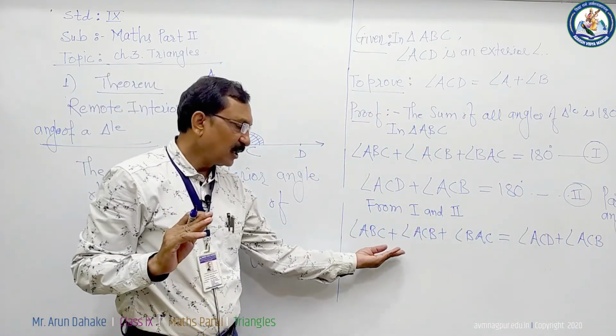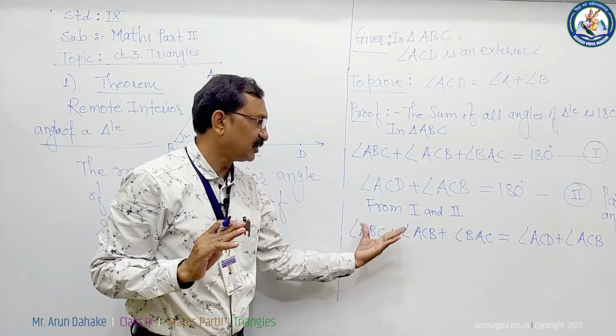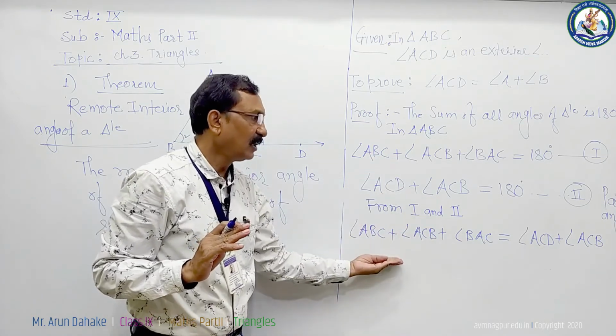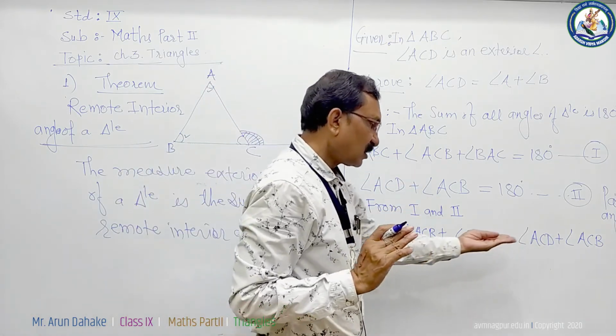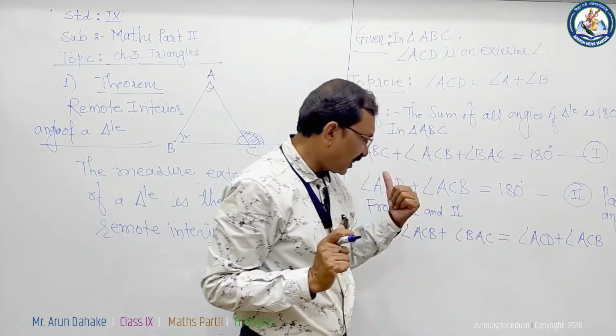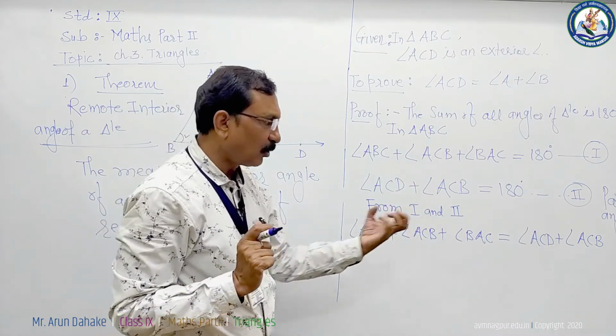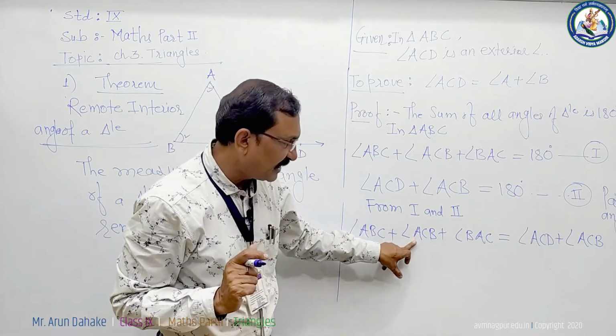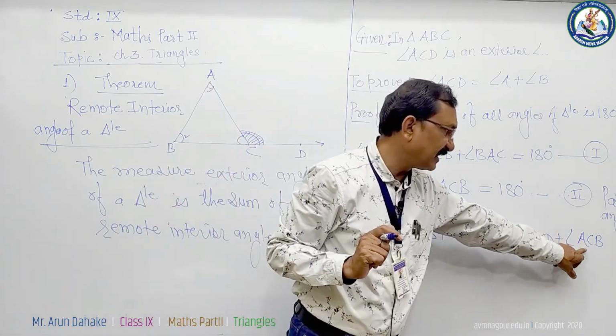These two are equal equations; the left hand sides are equal. That means what here? Now see which angle is common on both sides: angle ACB and angle ACB.